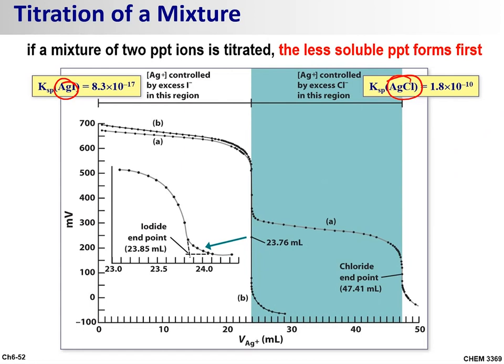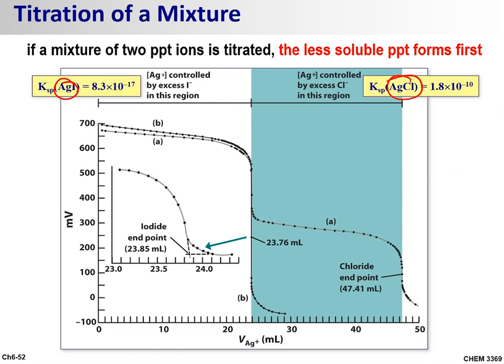So we can use the same setup for this titration, right? And we can use the same electrode to monitor the concentration of silver plus ions. So when you run this titration, now you will get two endpoints. One corresponding to the precipitation of silver iodide, and the second one corresponding to the precipitation of silver chloride.